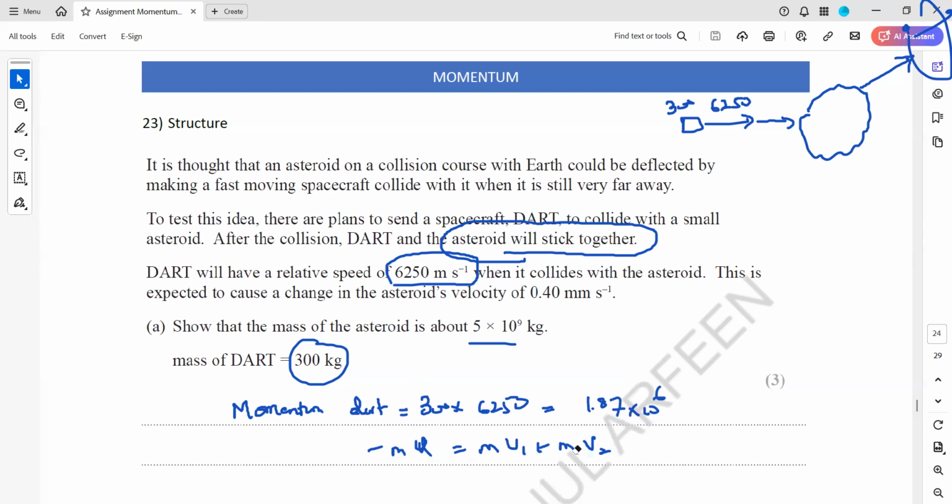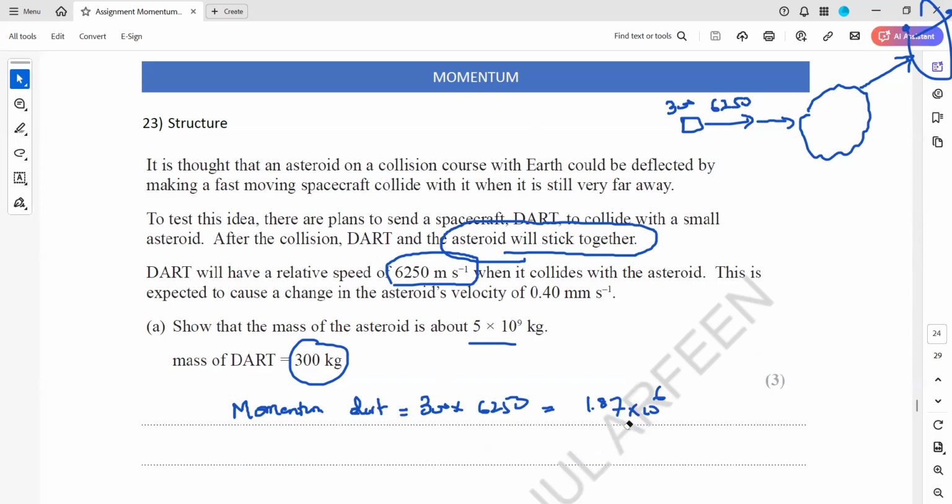So what we did here is that how much the momentum changes for the DART will be equal to the gain in momentum for the asteroid, and the DART. That will be the final momentum as they stick together.